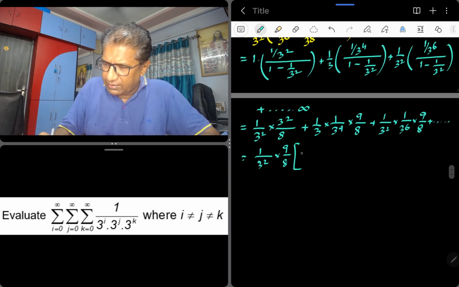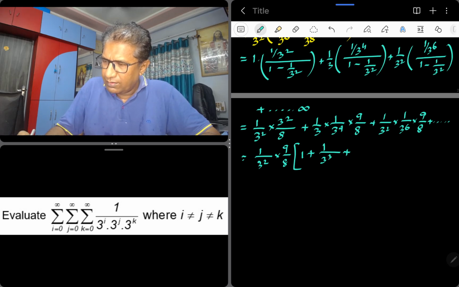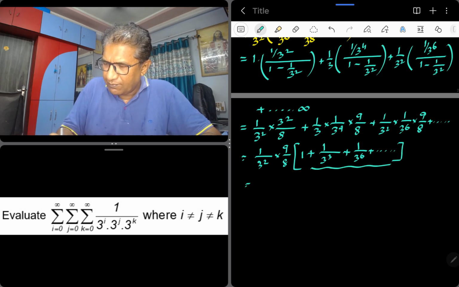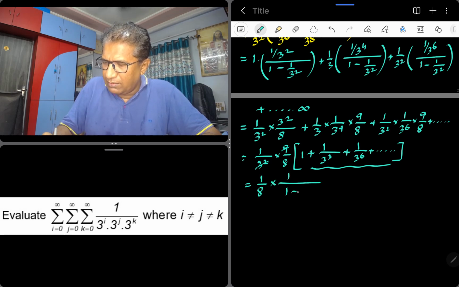So we are left with 1 plus 1 by 3 cube, 1 by 3 to the power 6, and this thing goes on till infinity. Again, this is in GP. 9 goes off, so it is 1 over 8 into a by 1 minus r.